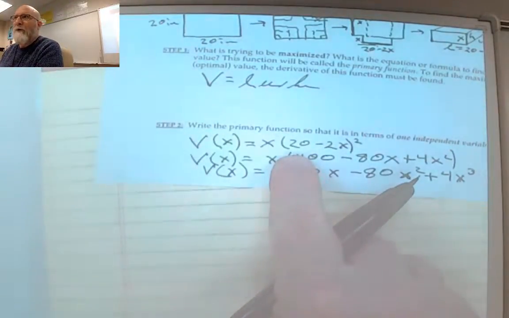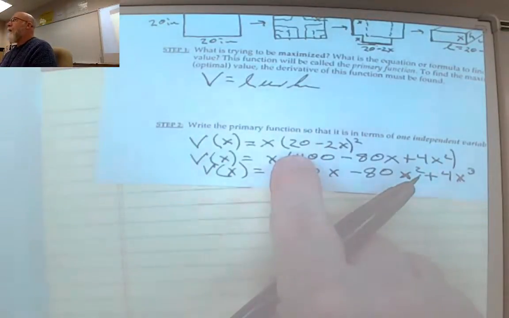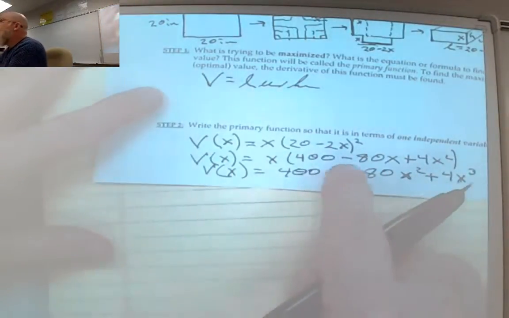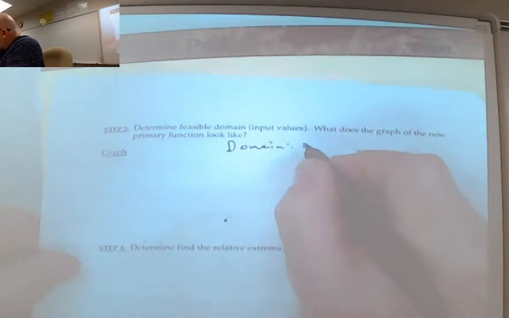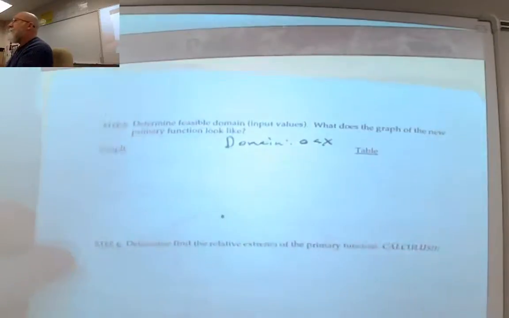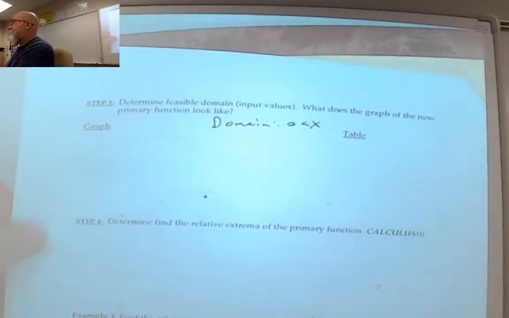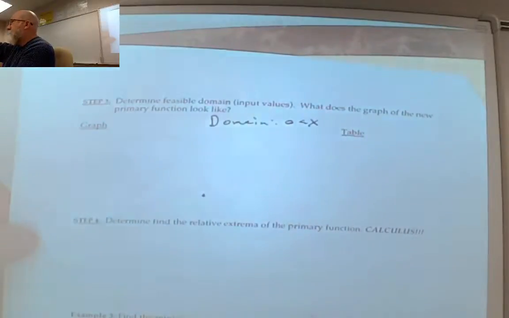Algebraically, I can't put 0, and at Kruger-Welding, I can't do no work. So in other words, if I come over here to my domain, x has got to be bigger than 0. And I'm going to show you why this is important, all right?